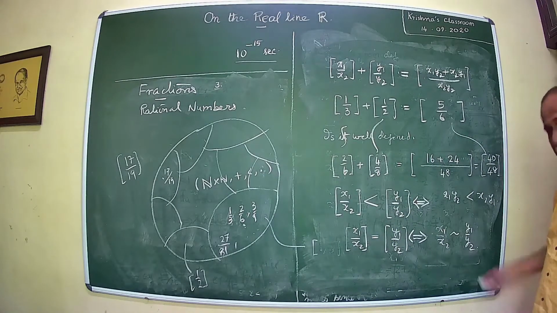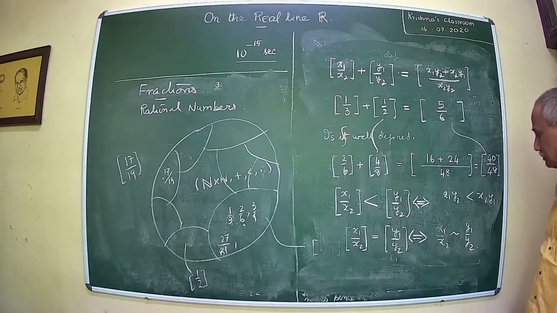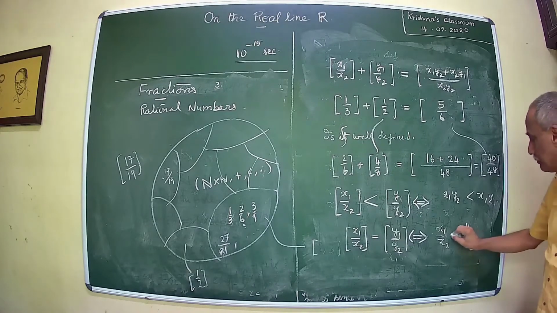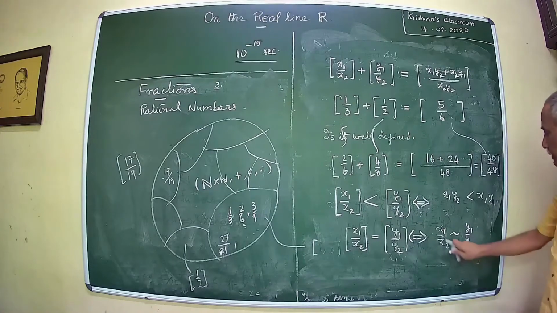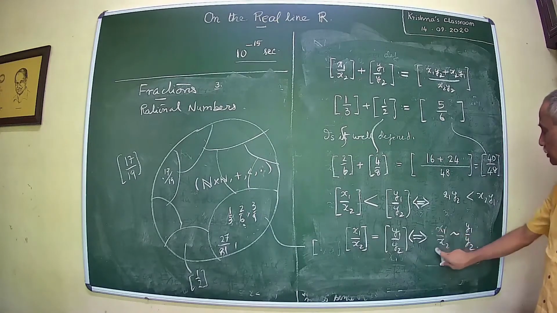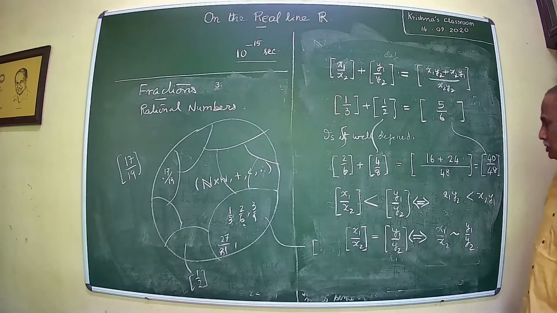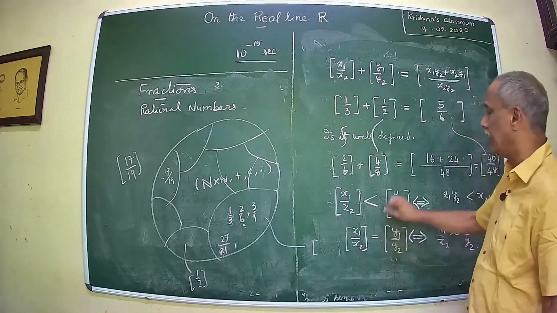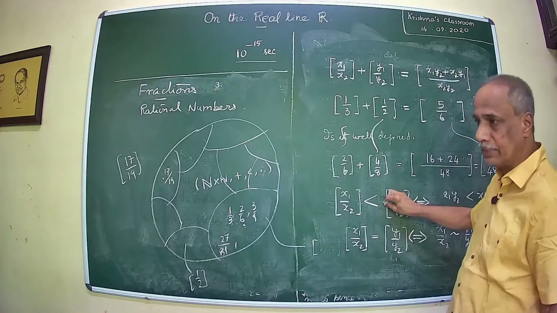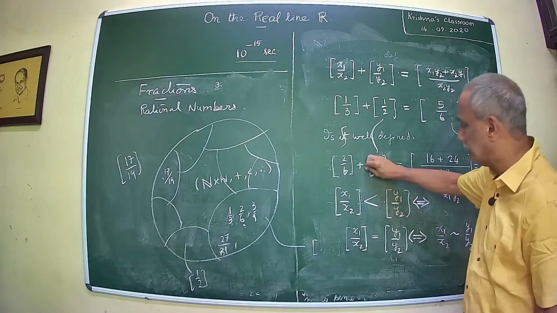So this we have defined earlier. What is the meaning of that? x1 y2 equals x2 y1. Right? So equality is defined, less than is defined, greater than is defined, addition is defined.